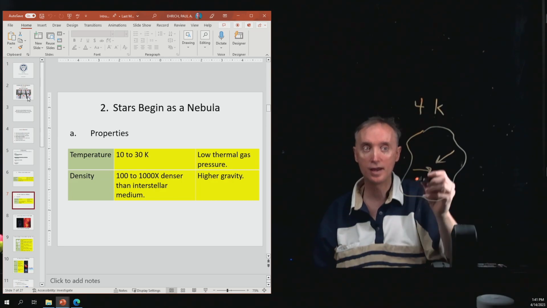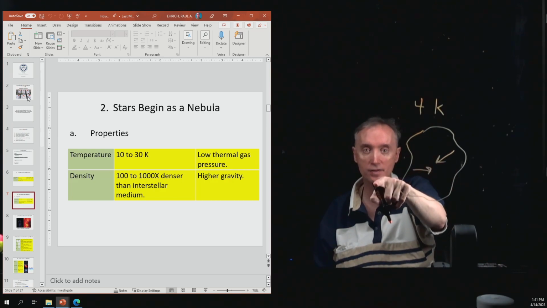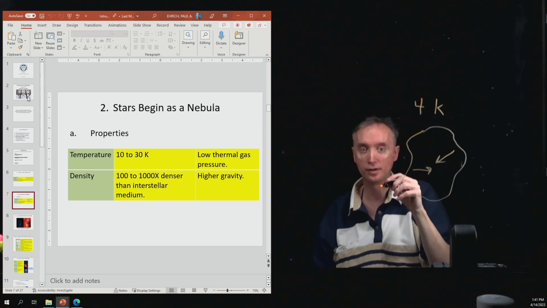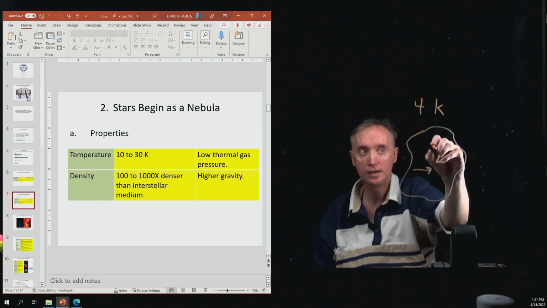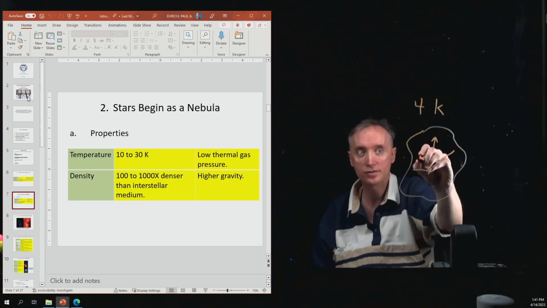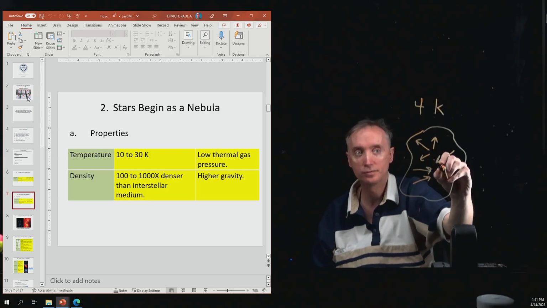So as long as it's got this temperature of 10 to 30 Kelvin, that's going to make the atoms of the gas move around. They're going to be moving around at different speeds and in different directions.